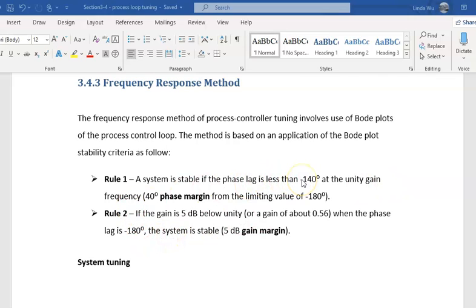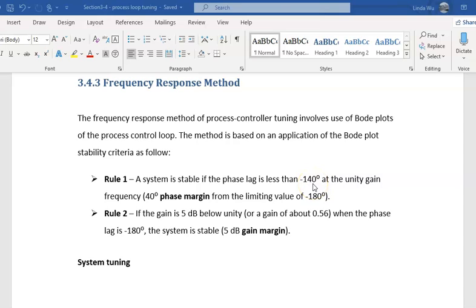Remember before we said -180, but here we want it limited to a smaller value, because we want to get an optimum control system. The very basic requirement is that at least we cannot go to -180, but this is further changed to -140 degrees.